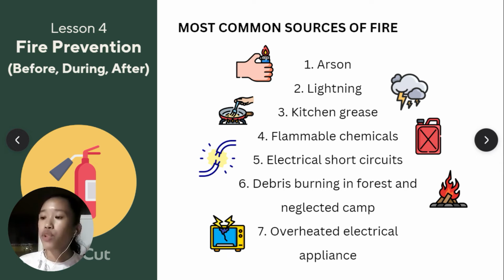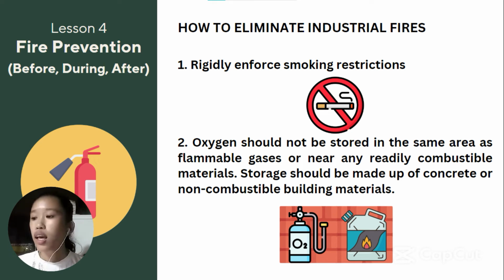Number 4, flammable chemicals. From the word flammable, it can easily burn. Some examples are petroleum, alcohols, and other different kinds of gas. Number 5, electrical short circuits. Number 6, debris burning in forests and neglected campfires. And lastly, overheated electrical appliances.